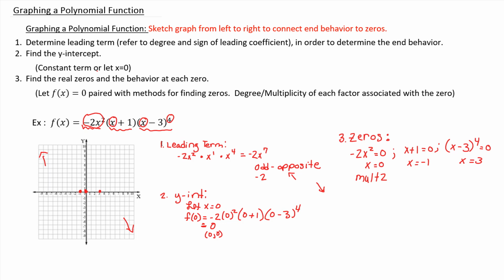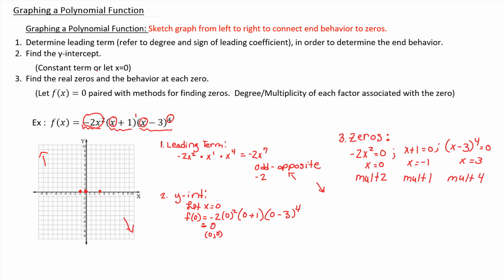In our x plus 1 factor, it's raised to the power of 1, so our multiplicity is 1. And then in our x minus 3 to the fourth factor, our multiplicity is 4, because that power is 4.